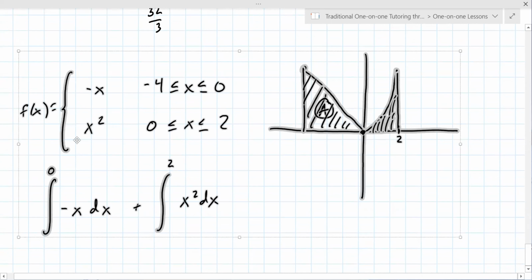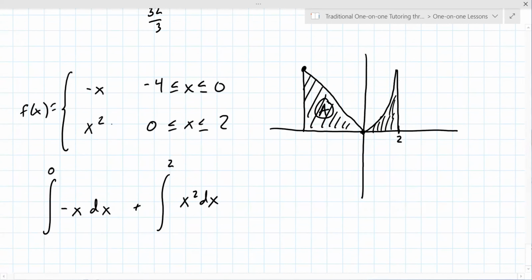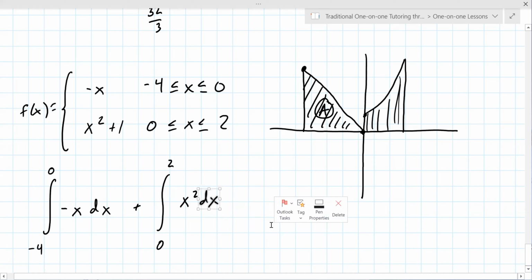But let's say it was x squared plus 1. So all of this on the right goes up 1. See how it's now discontinuous? The graphs don't touch here in the middle. The only thing that changes is just this part over here on the right. Oh, I see. You have to write it up 1. Okay.